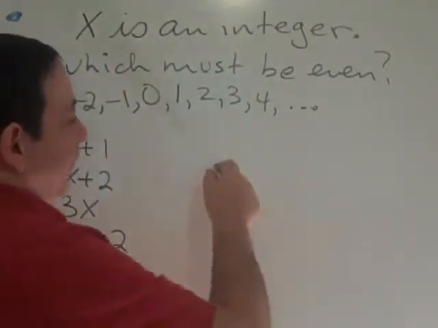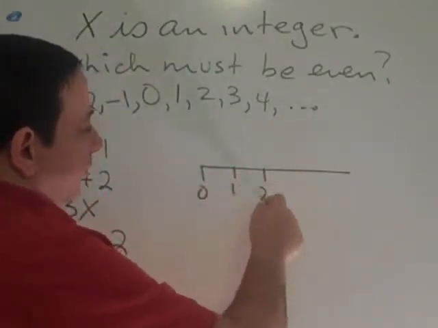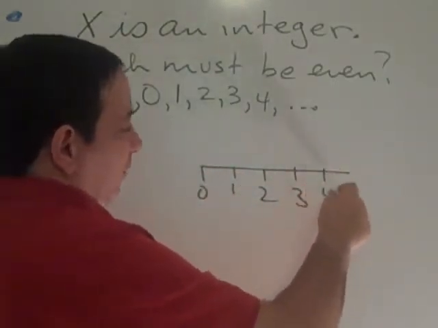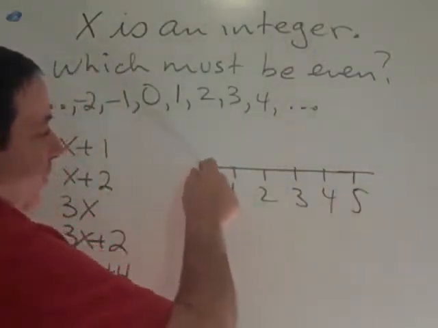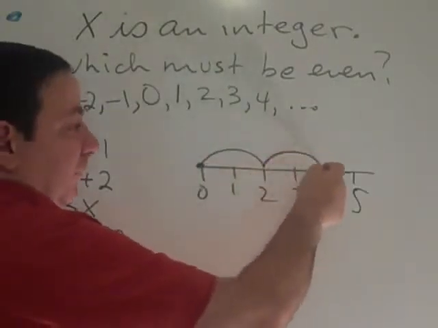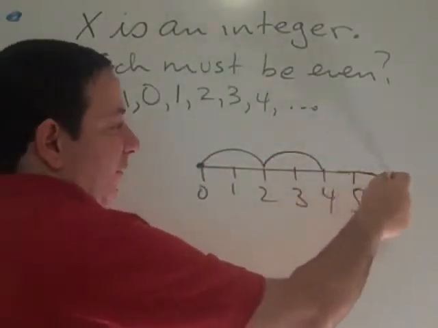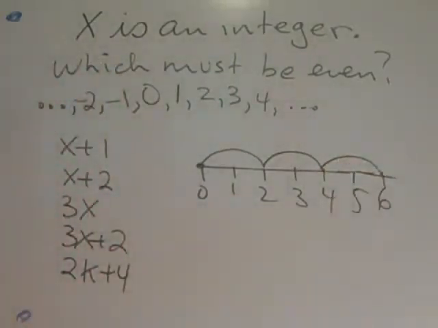Now, a couple of points I want to make. 0, 1, 2. Let's just look at these numbers. If you start with an even number and you add 2, it stays even. If you add 2 more, it stays even.